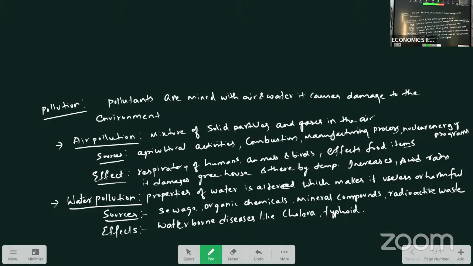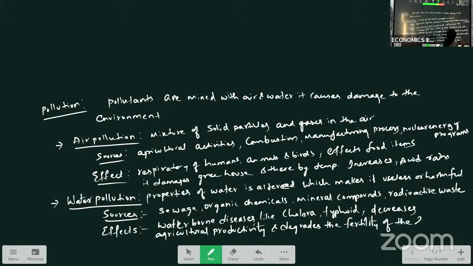Water pollution decreases agricultural productivity and degrades the fertility of the soil. So see, any few sources you write down, no need to write the complete answer.